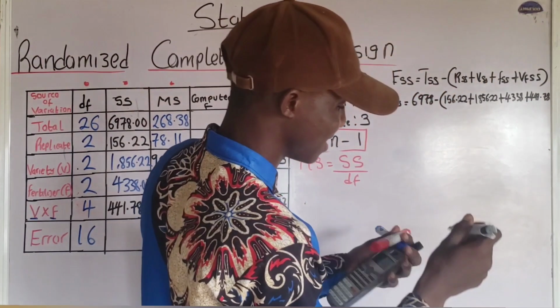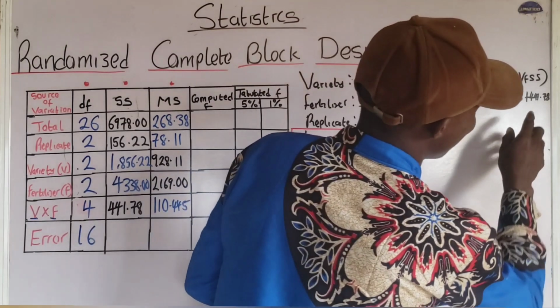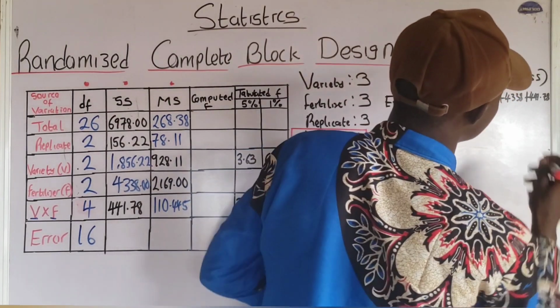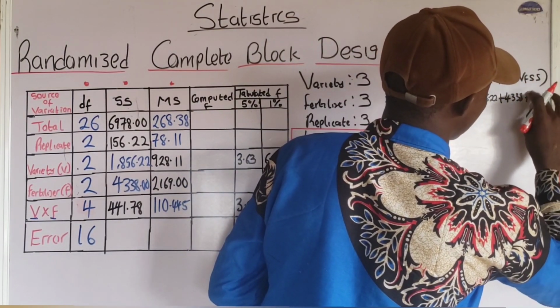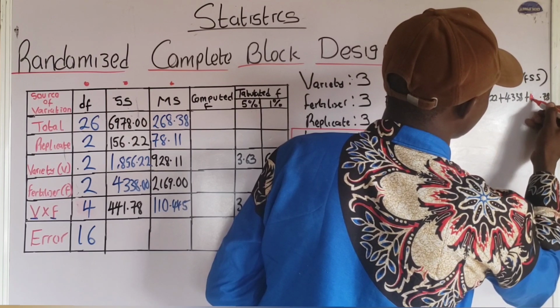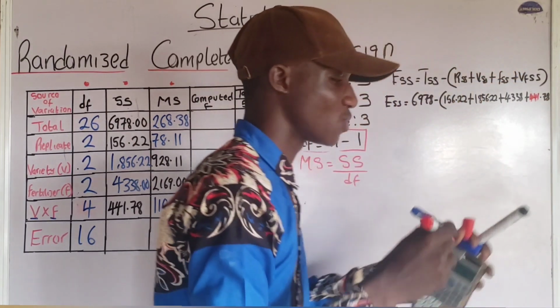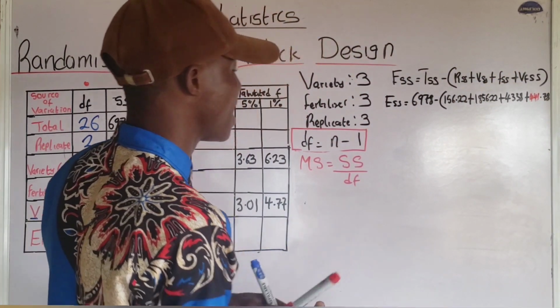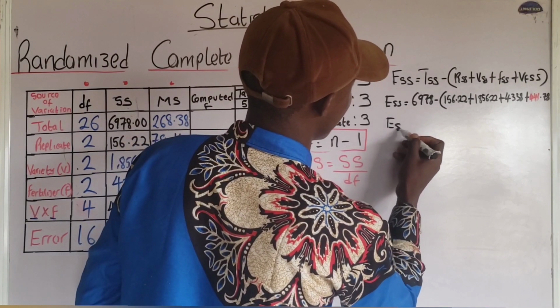Please, can you see what I wrote? I wrote 441, okay, let me write it very well. 441.78. You understand?